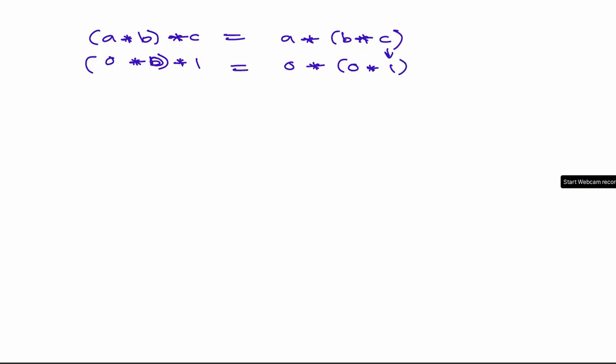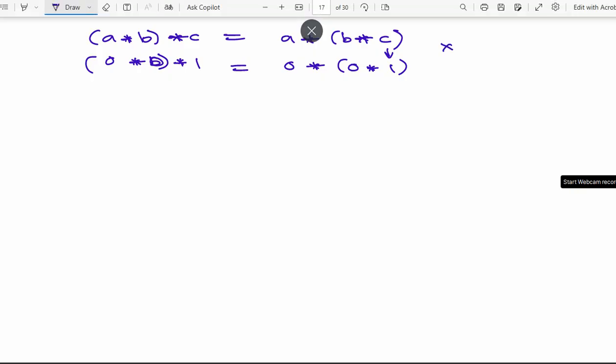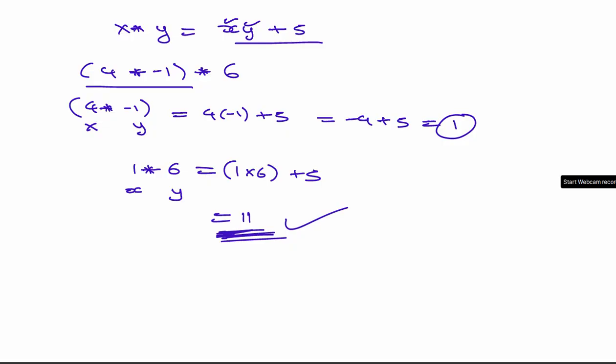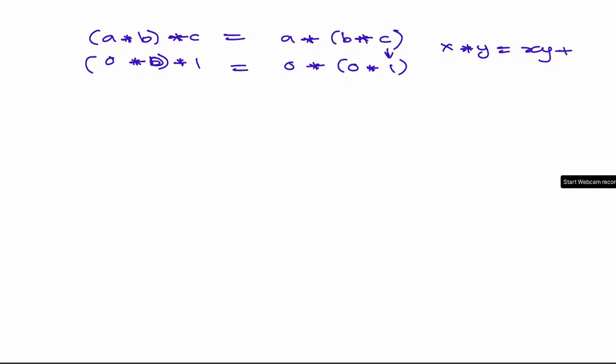Okay, so now let's test if this is true with this expression which has been given. x star y is equal to xy plus 5. We start with what is in the brackets. That means 0 star 0, this is for x, this is for y.